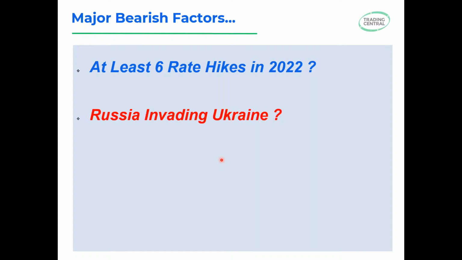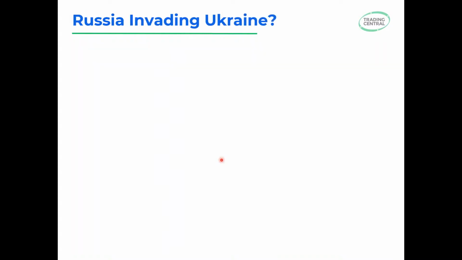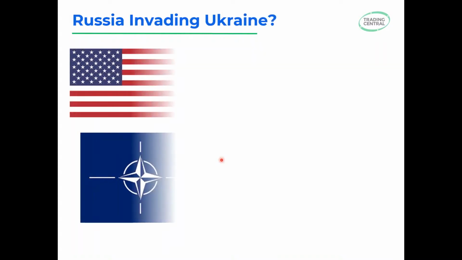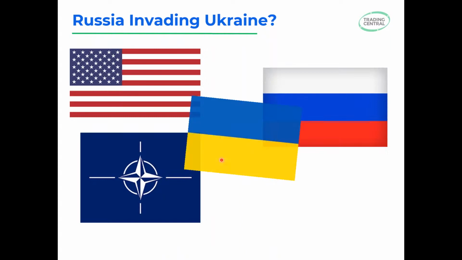That is, is there a war? Is there a war between Russia and Ukraine? Is Russia invading Ukraine? So maybe you know it better than I do. Well, we are seeing a standoff between Russia and the US and NATO on the issue of Ukraine, right?